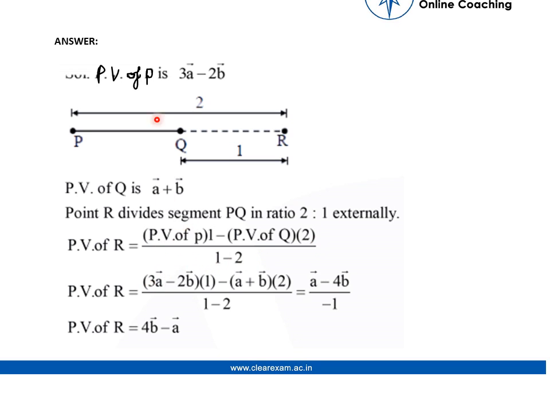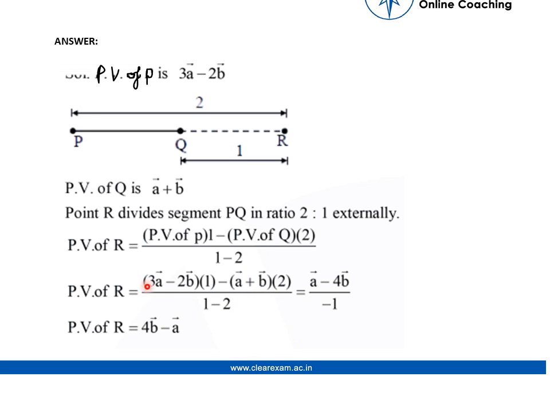So we need to put the position vector values of P and Q respectively. When we multiply 3a minus 2b, we get 3a minus 2b only, because it is multiplied with 1, minus a plus 2b, so we get 2a plus 2b.